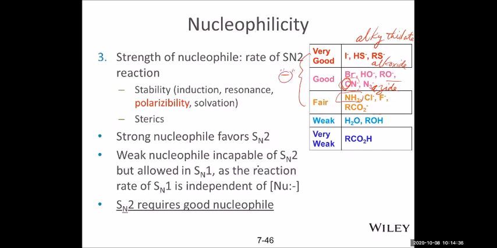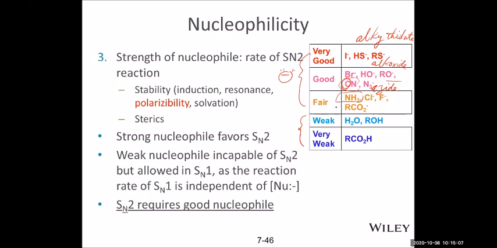A negative charge making a better nucleophile is understandable because in nucleophilic attack, the lone pair attacks the carbon, and with more negative charge, there's more lone pair available on the attacking nucleophile. So the weak nucleophiles can be nucleophiles, but they are not very strong. And those are, you can see, neutral.